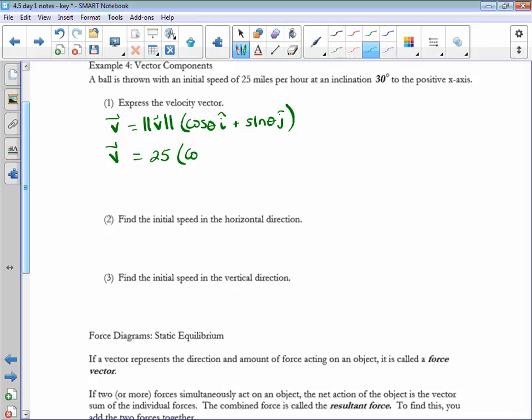So cosine of 30, sine of 30. You do not need a calculator for this. So what's the cosine of 30? Okay, so it's good I didn't give you a trig quiz today. Very good, okay.